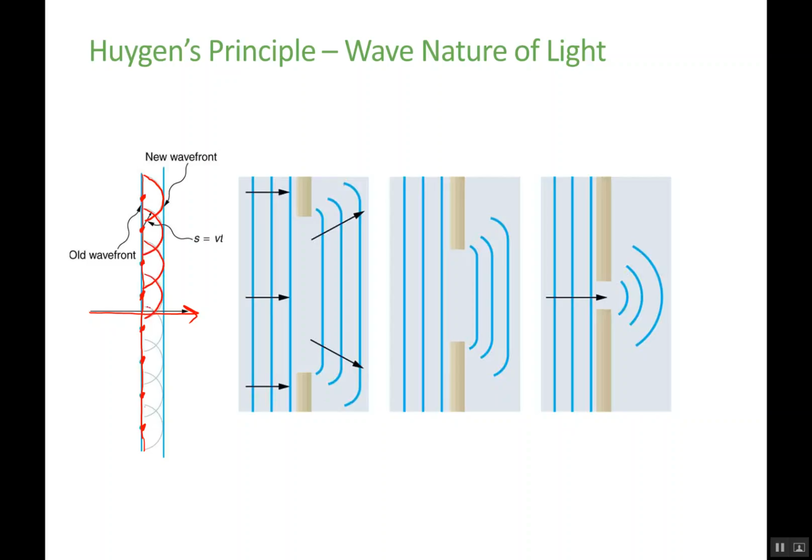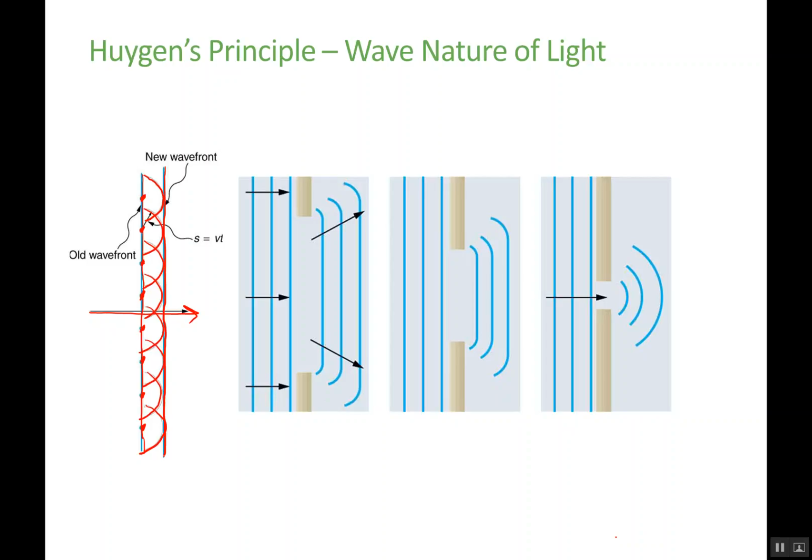So every point along the wavefront is the source of a new wave. And at some point in the future, if we draw a tangent line to all of those little waves, we discover the location of the entire wavefront at that point in the future.